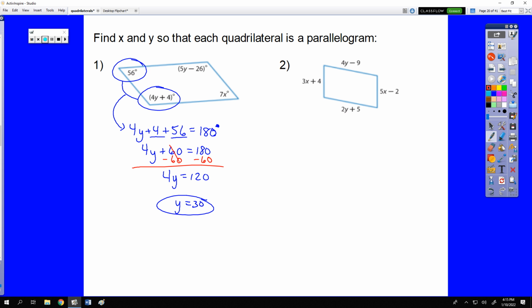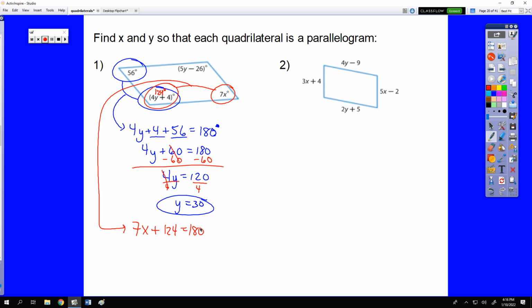So once we have the y value, then we can find x, because if y is equal to 30, then this angle would have to be 124 degrees, because it would be 4 times 30 plus 4. Well, then we can say that these two angles also have to add up to 180. So 7x plus 124 has to equal 180.